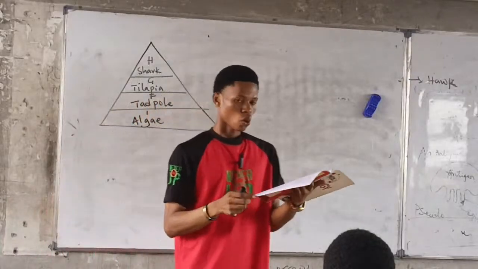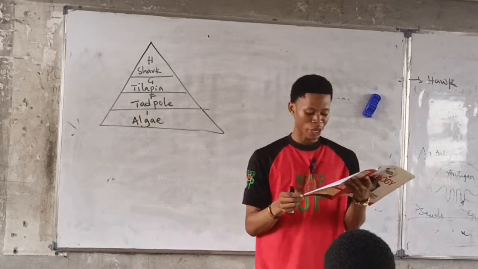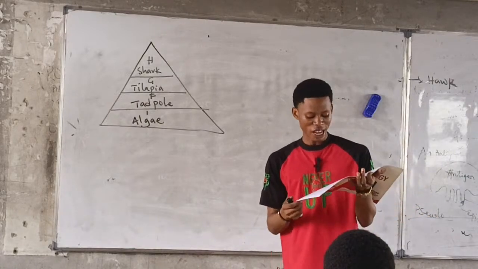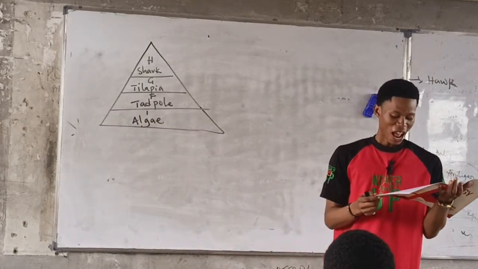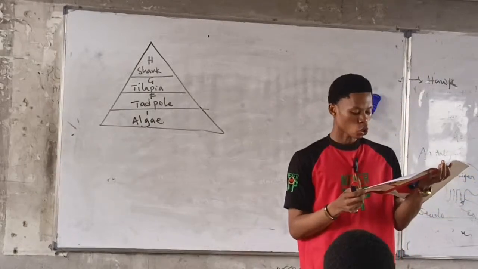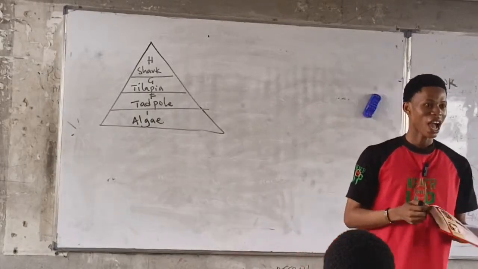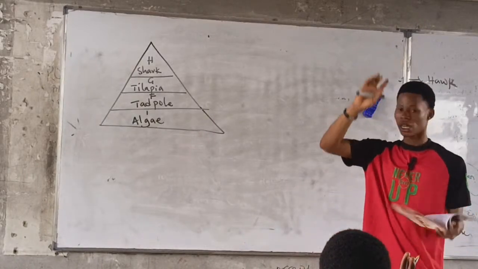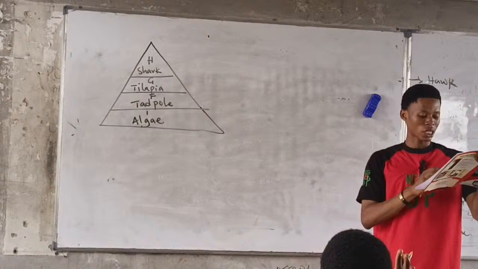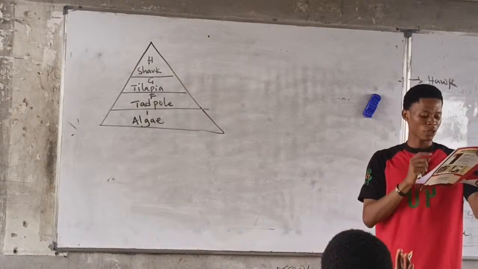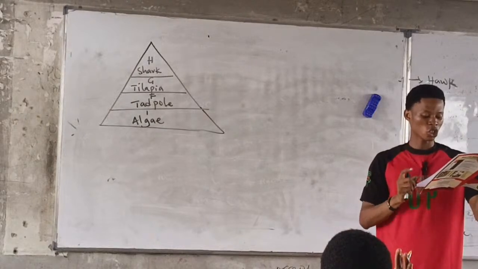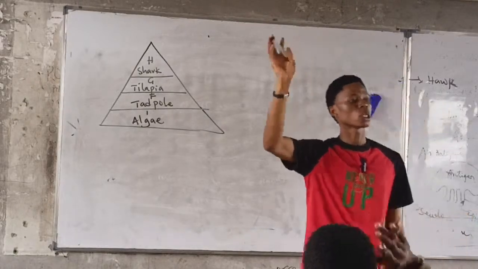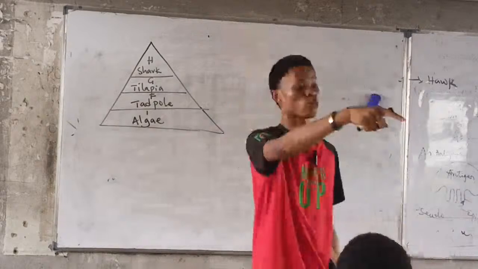Now question 16. Which level of the pyramid has the least total stored energy? If you know the answer, raise up your hand. A says E, B says F, C says G, D says H. Are you raising up your hand or you're not raising up your hand?